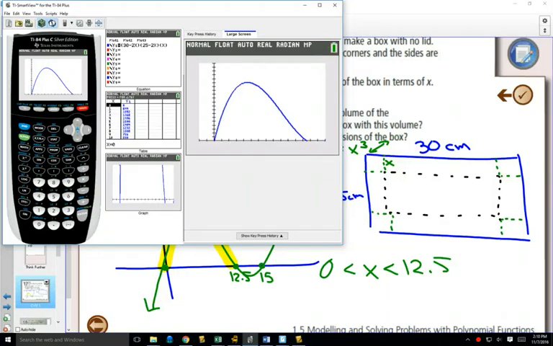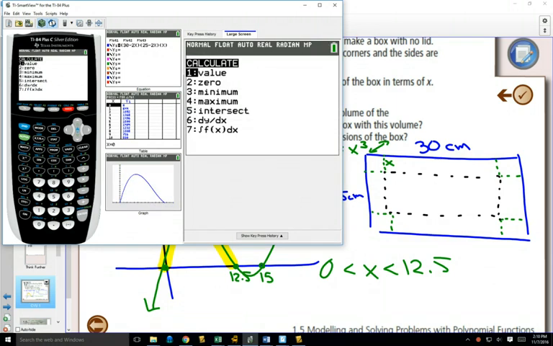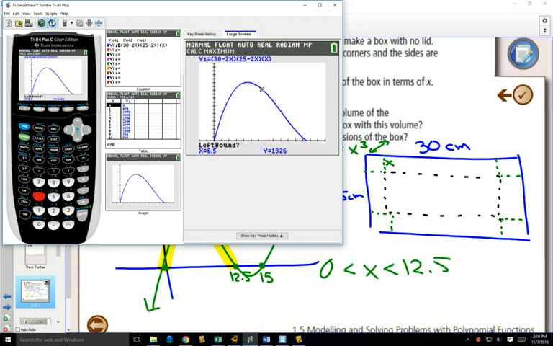So now that we have that, we can go second, calculate. Number 4 is a maximum. Again, it says go to the left, go to the right. As a shortcut, if you don't want to use your arrow keys, you can click a value that you know for sure is to the left. So I'm going to put 2, that's to the left of it. Looks like 8 is to the right of it.